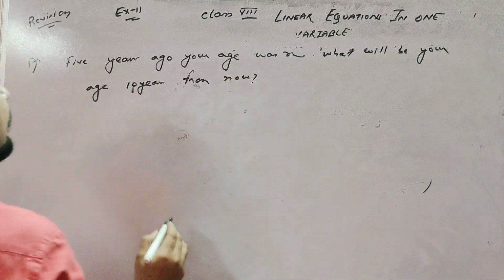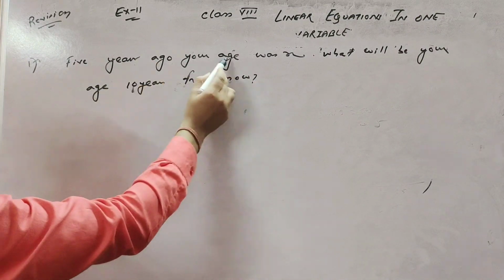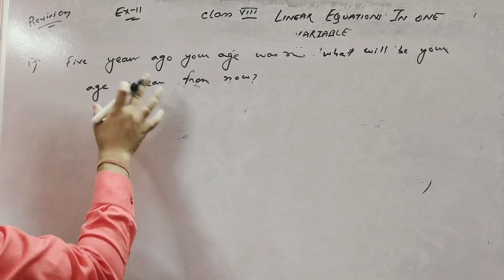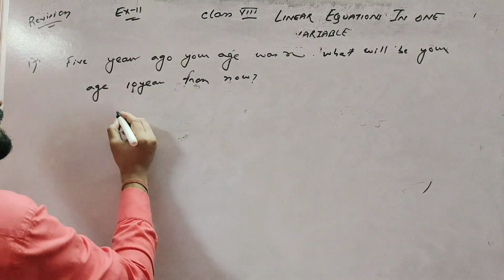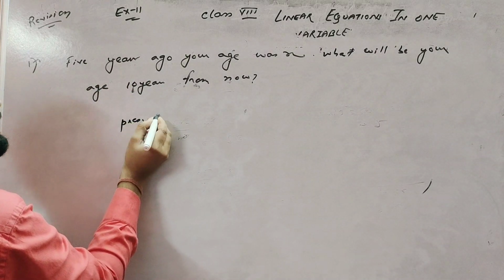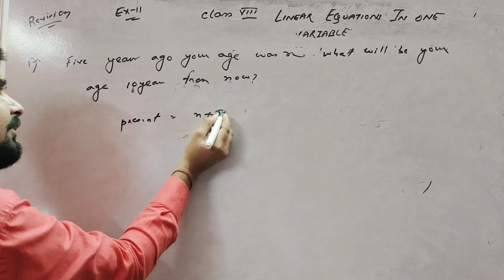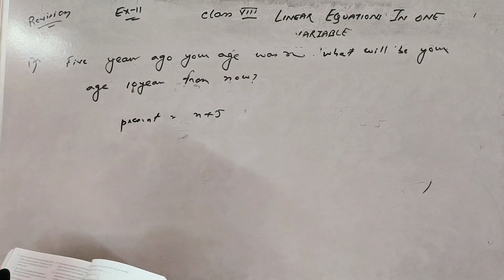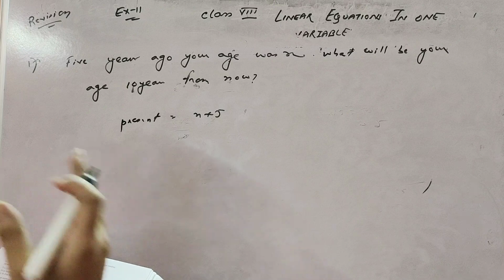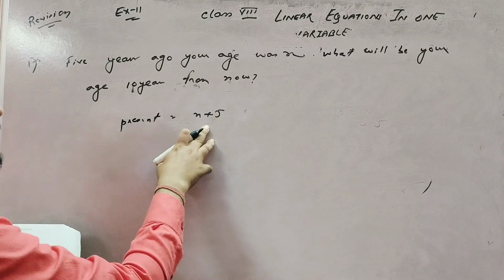Question is very simple. 5 years ago your age was x, that means present age is x plus 5, because 5 years ago my age was x. So after 5 years my age is x plus 5.